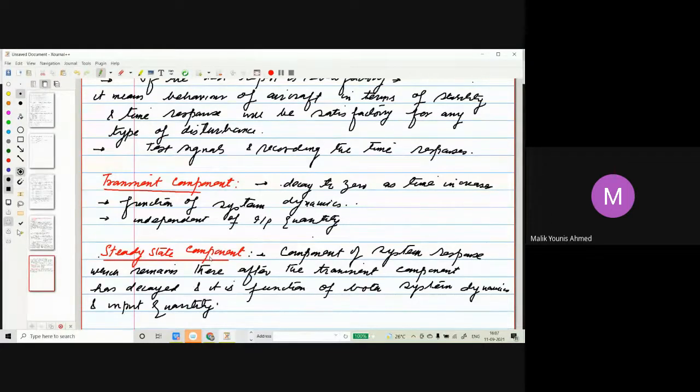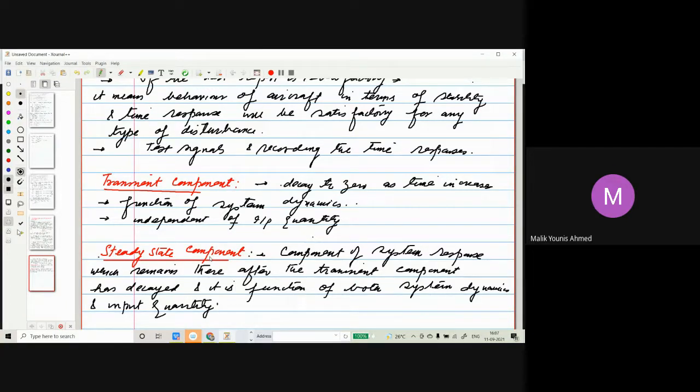Time domain analysis: if we talk about time domain analysis, this is the study of the control system in time domain that will involve the evaluation of transient and steady state response of the system.